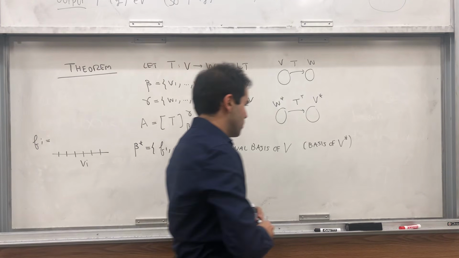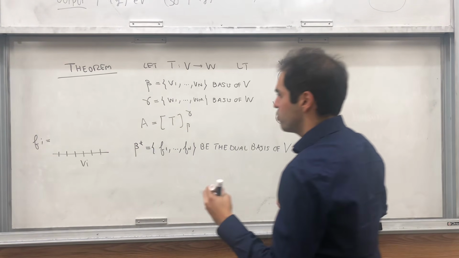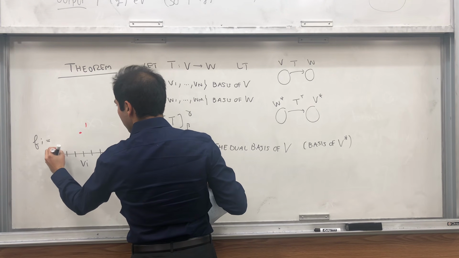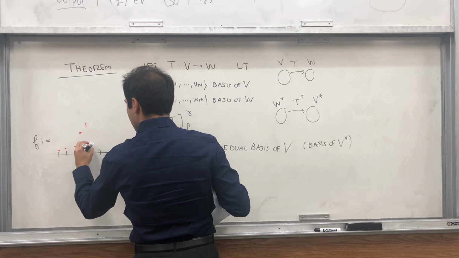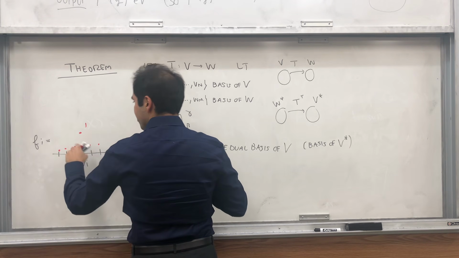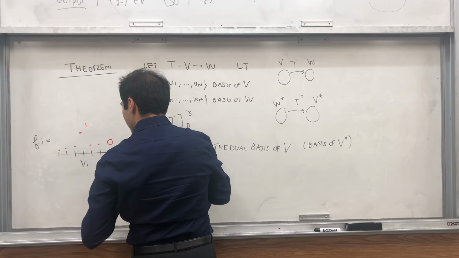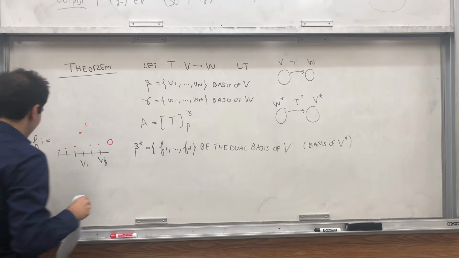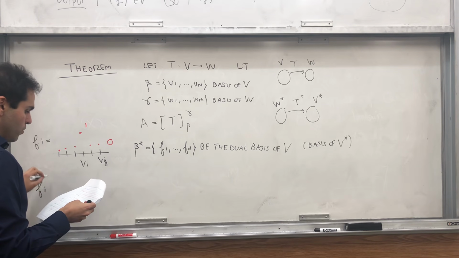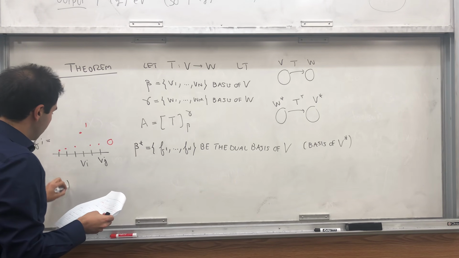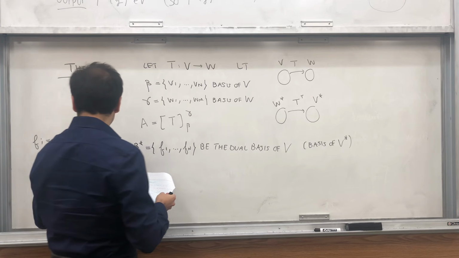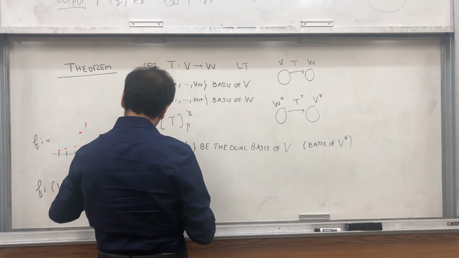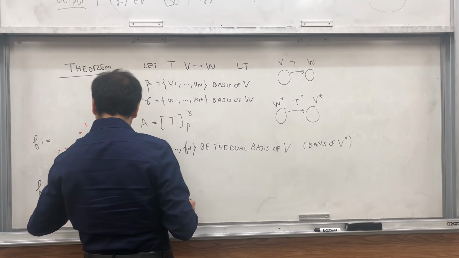So in this picture, Fi is almost like an indicator function. It's 1 here and then 0 everywhere else. In other words, Fi of Vj is 1 if j equals i, so if they coincide, else it's 0.